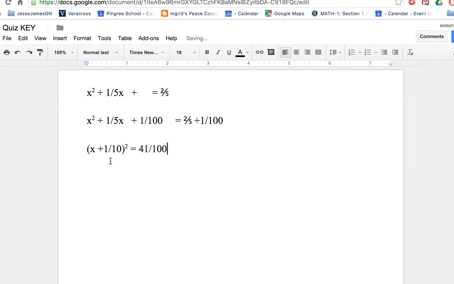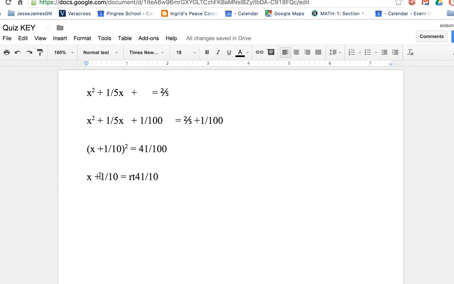Check that on your calculator. When I take the square root of both sides, this becomes just x plus 1/10, and the other side becomes the square root of 41, which I'll call root 41, and the square root of the bottom is 10.